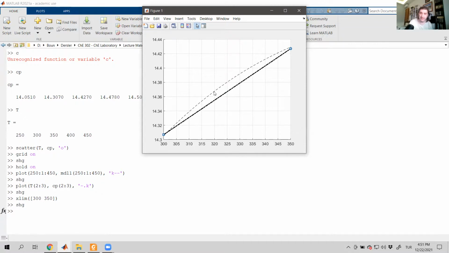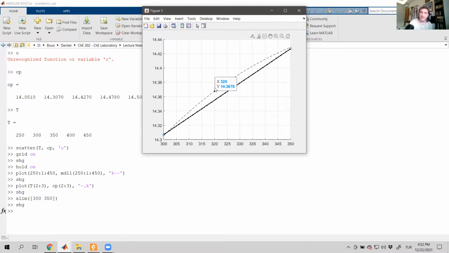And there seems to be a deviation. So find the value at this point, whatever this polynomial equation gives here. Actually, I have already calculated this value, or I think I can read it here. Yeah. At 320, it is 14.3676, whatever number of significant figures we take into consideration.